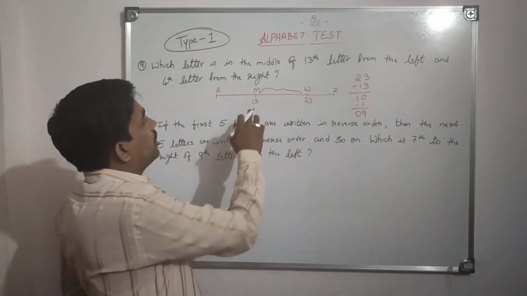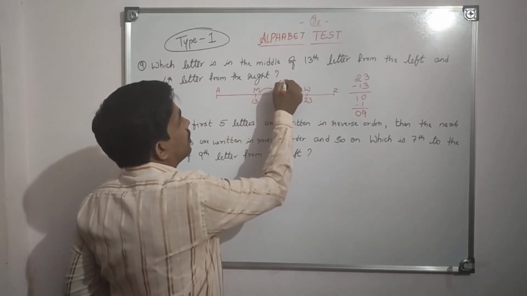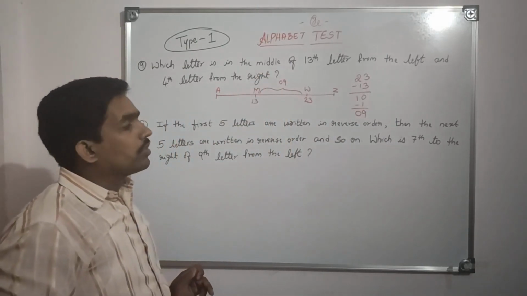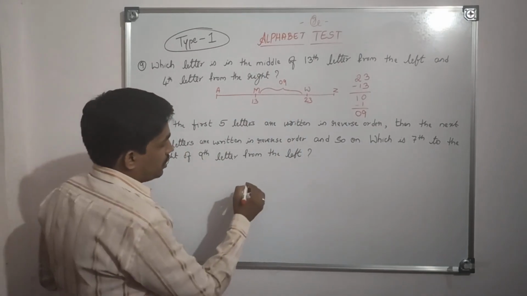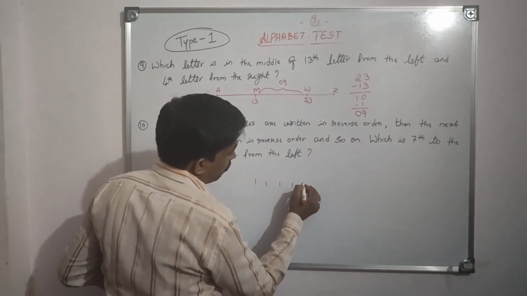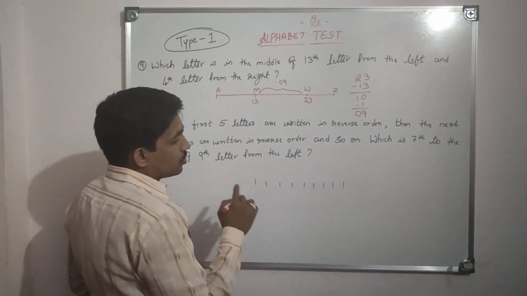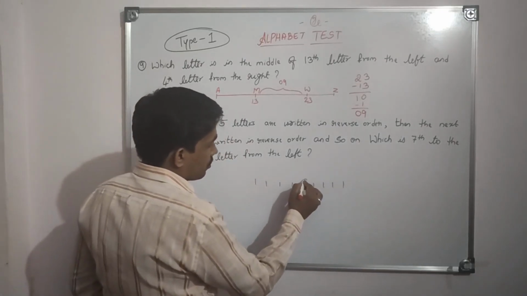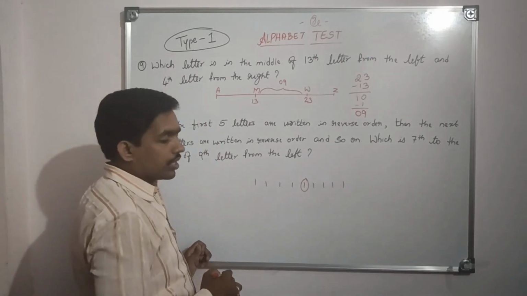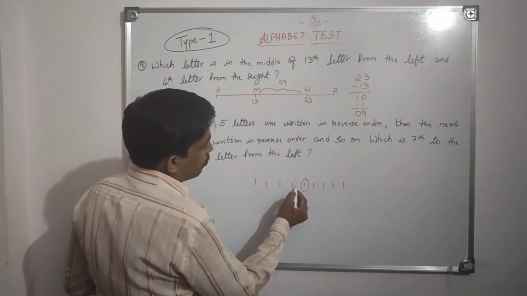So totally there are 9 letters. See here, 1, 2, 3, 4, 5, 6, 7, 8, 9. So which is the middle one now? This number is the middle one. 1, 2, 3, 4, 5.